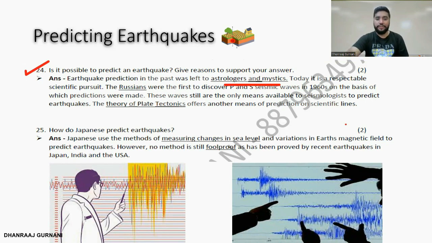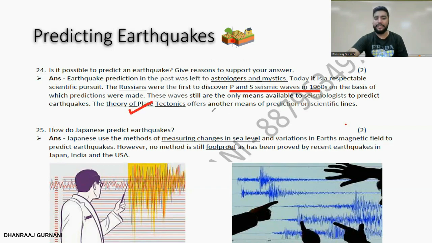The Russians were the first to discover P and S waves in the 1960s. We did these in detail, P and S waves in the 1960s, on the basis of which predictions for an earthquake were made. These waves are still the only means available to seismologists to predict earthquakes.